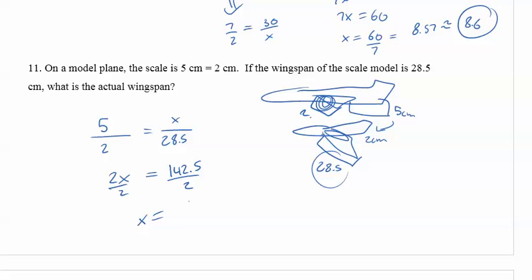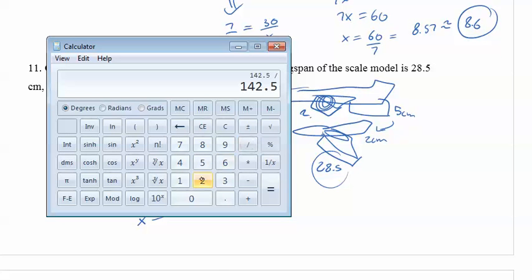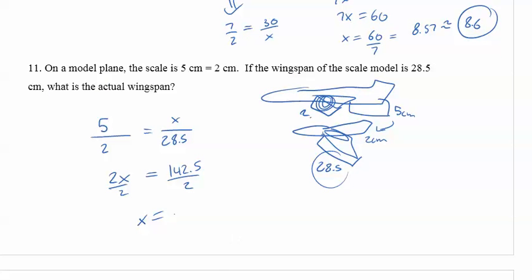That's going to be 71.25. So it's saying that if the small airplane's wing was 28.5 centimeters, the big one would have to be 71.25 centimeters. Don't forget the units.